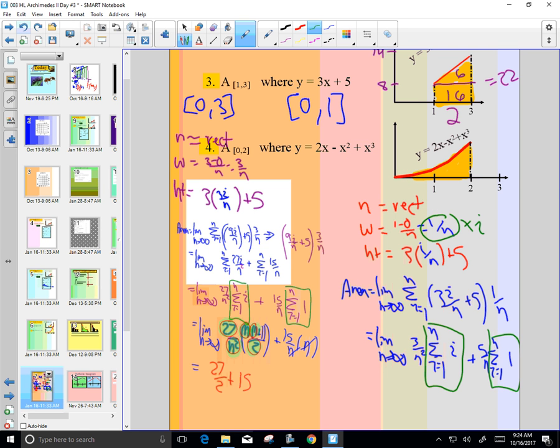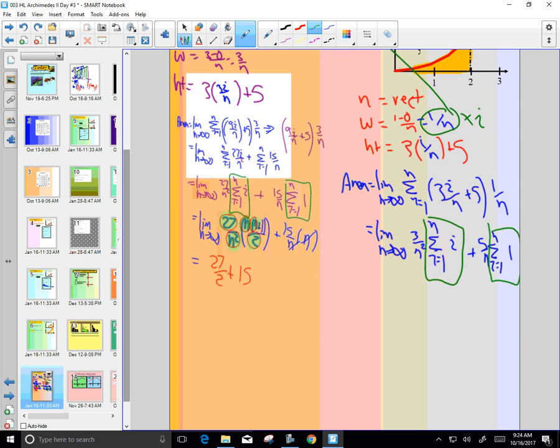You just put that right in for x. So there's where you get 3x plus 5, 3i over n plus 5. Then when we do the limit as n goes to infinity, you get 3i over n times 1 over n, which is 3 over n squared times I. I just pulled the constants out. And you'll have 5 over n. Pull that constant out, leaving the 1 over n.